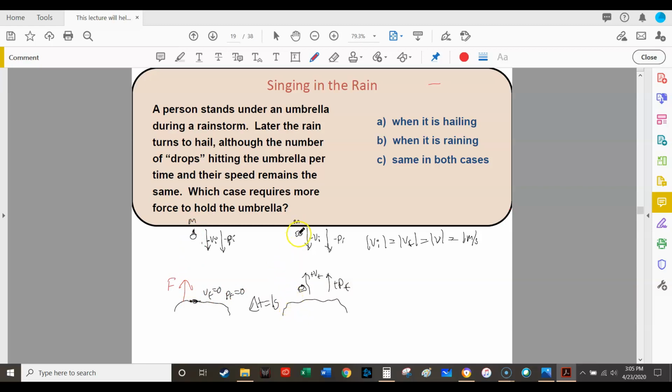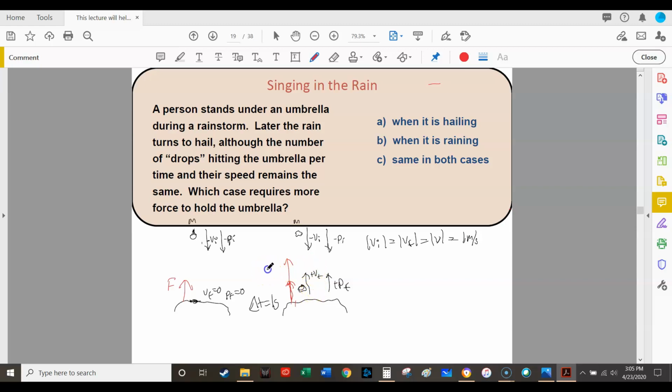However, in this case with the hail, the hail drop is coming down. It's going to hit the umbrella, and the umbrella has to bring it to a stop initially. But then it's got to apply a second force upwards to speed it back up to its original speed upwards.